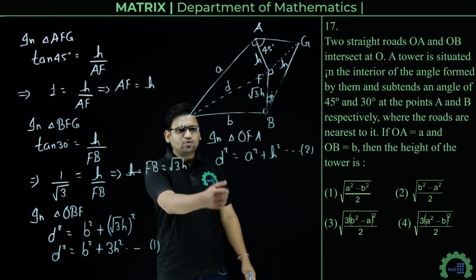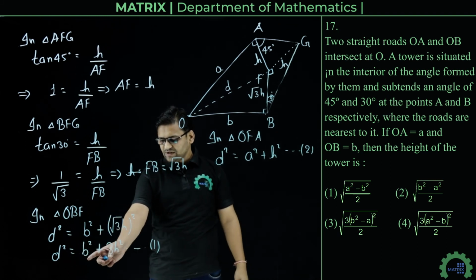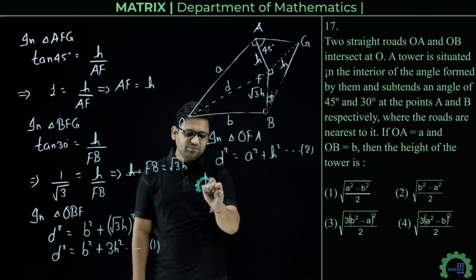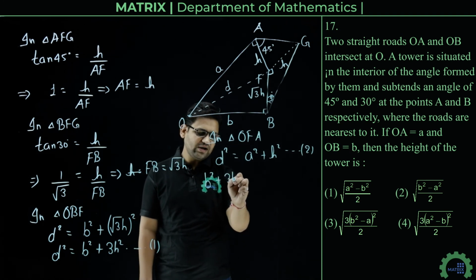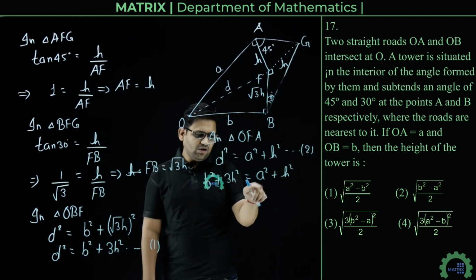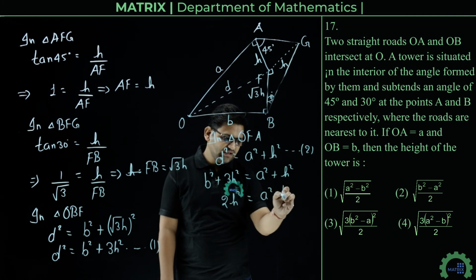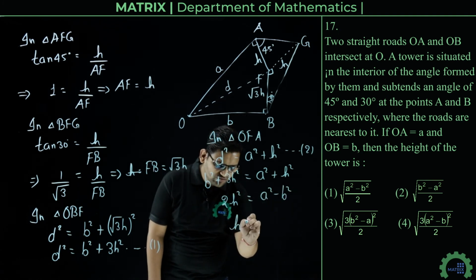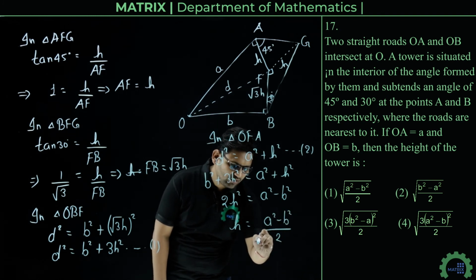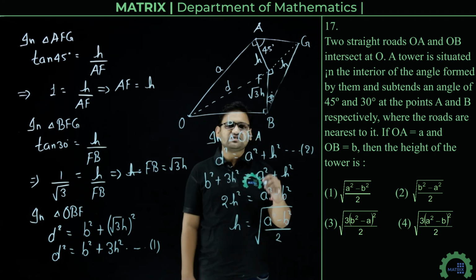Now equations 1 and 2 are equal, so b square plus 3h square is equal to a square plus h square, or 2h square is equal to a square minus b square, or the value of h will be the square root of (a square minus b square) divided by 2. So this is the height of the tower. So option number first is the correct answer.